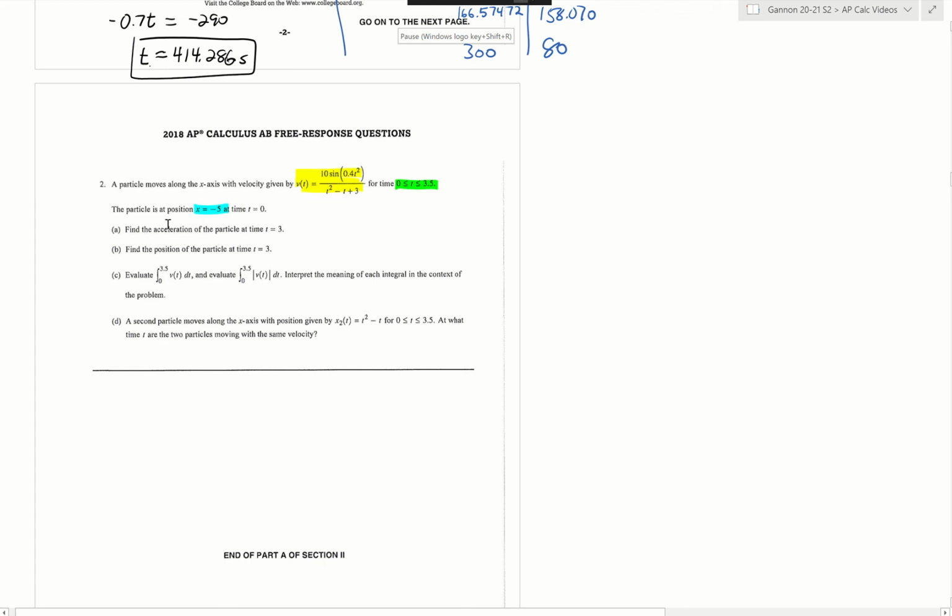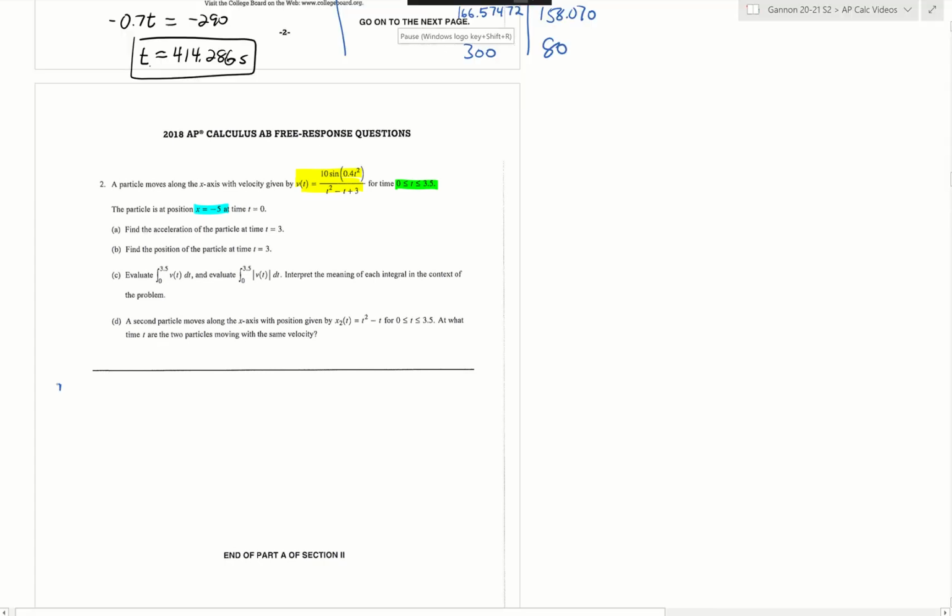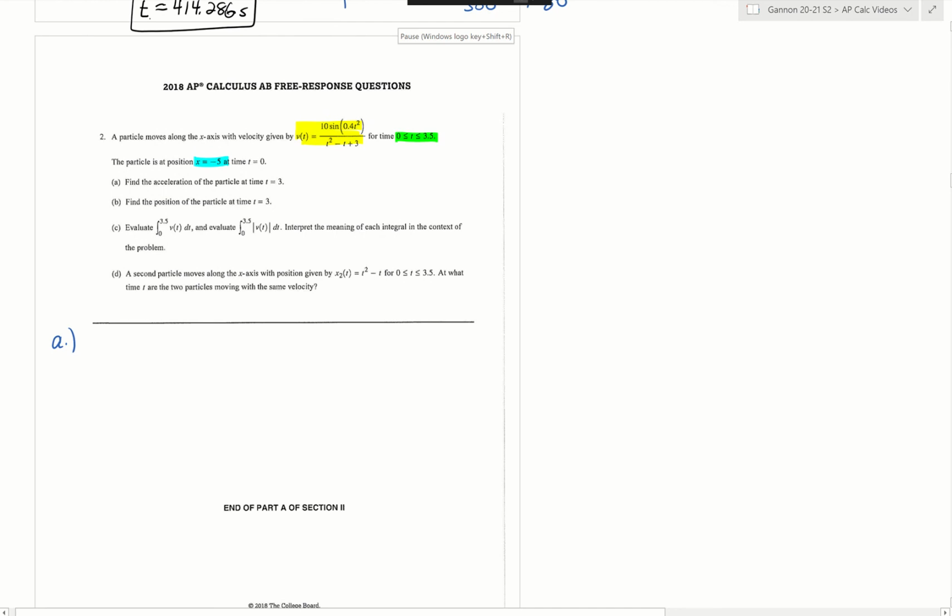So for part A, we want to find the acceleration of the particle at t equals 3. So if we're doing part A, the acceleration is going to be the integral of velocity. So we're going to have to take the integral of velocity at t equals 3.